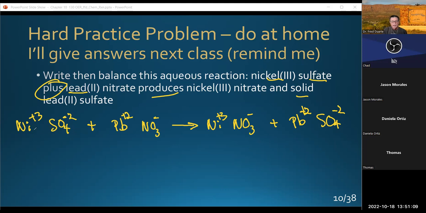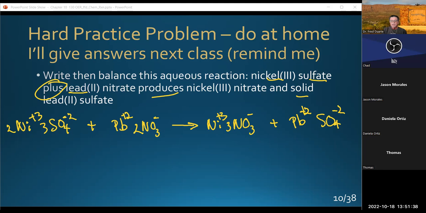All right, so now I have nickel sulfate. It's a +3 and a -2. So we have a dissimilar situation here, so I need 2 nickels and 3 sulfates. For lead 2 nitrate, I need 2 nitrates. For nickel 3 nitrate, I'm going to need 3 nitrates because I have a +3 from the nickel.